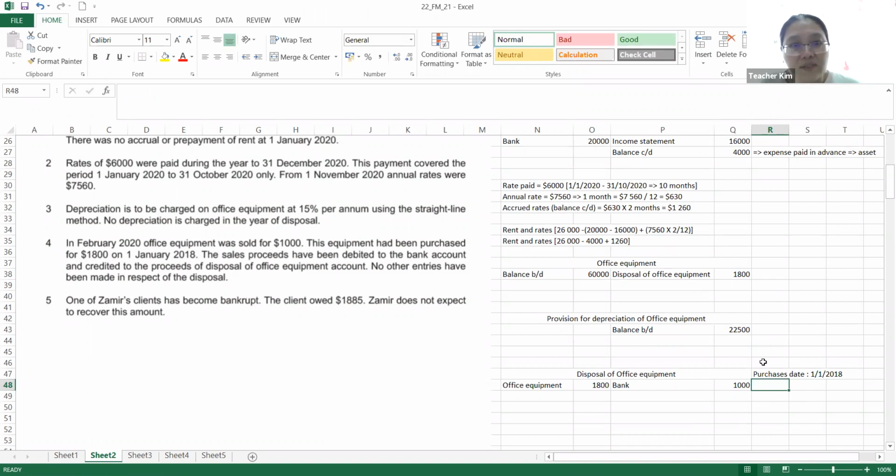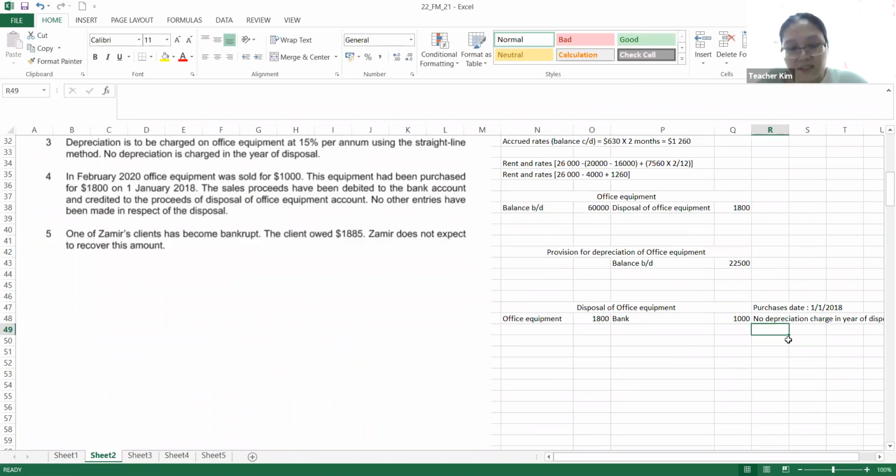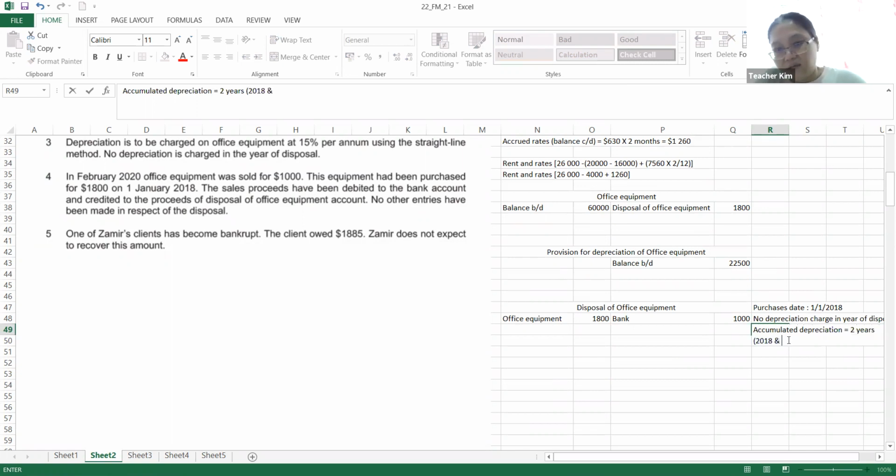They say that no depreciation is charged in the year of disposal. That means no depreciation for 2020. So how many years does this asset have depreciation calculated? So how much is the accumulated depreciation? Only 2 years, which is 2018 and 2019.